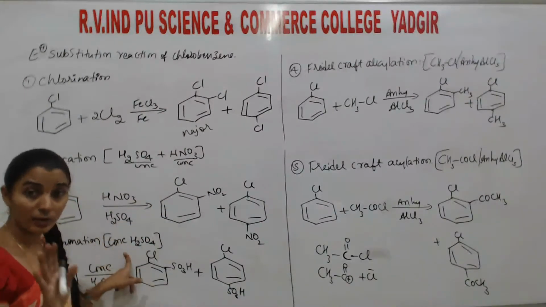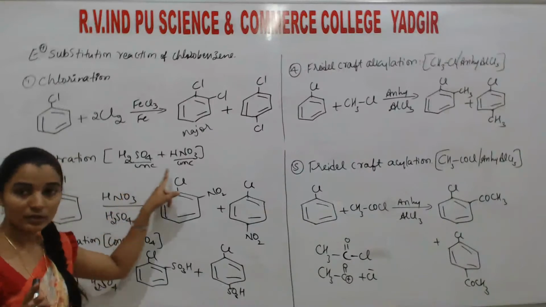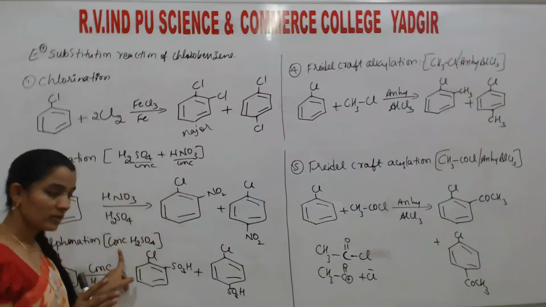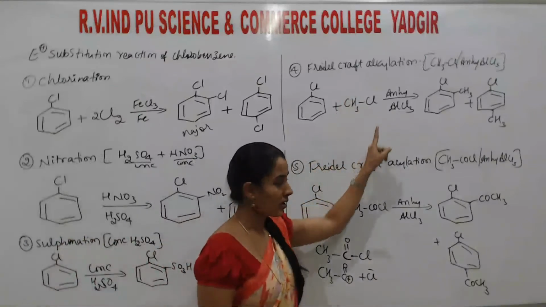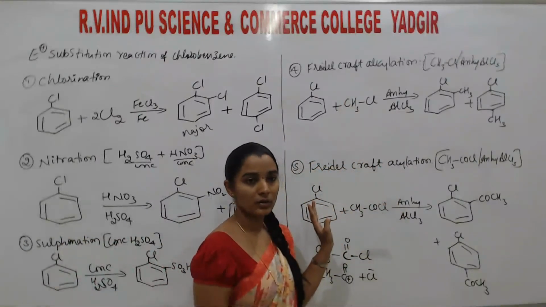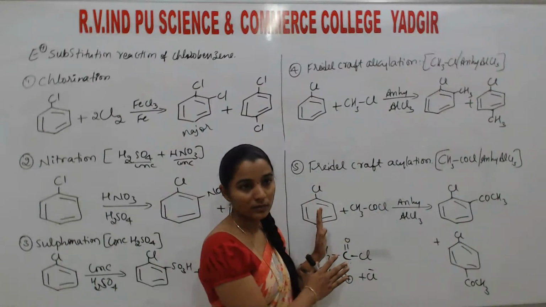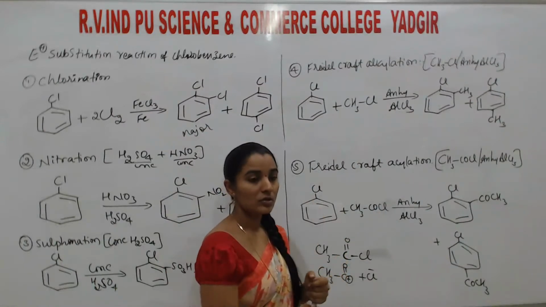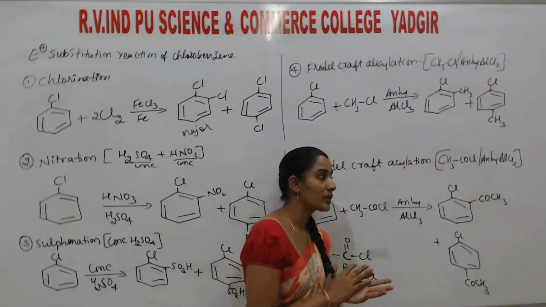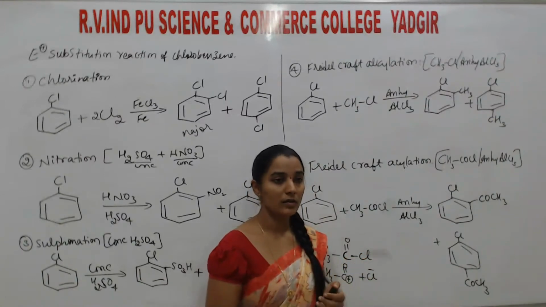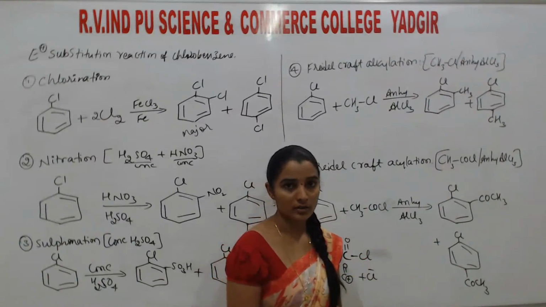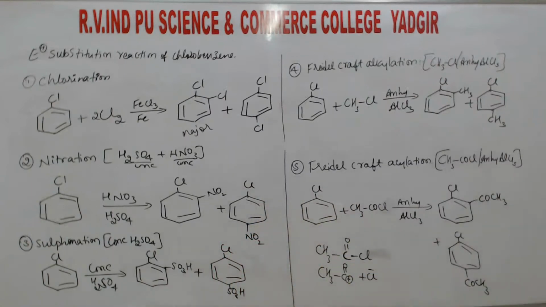Nitration means these two are the reagents. Sulfonation means this. Friedel-Crafts alkylation means only this. Acylation means only this. Remember the reagents. Understood? So this is all about the electrophilic substitution reactions of chlorobenzene. In tomorrow's class, we will finish the remaining reactions. Thank you.